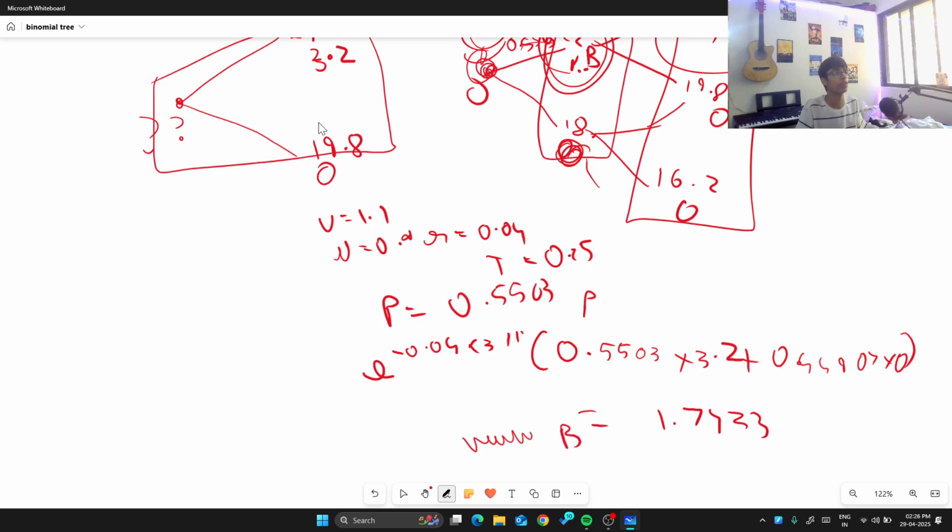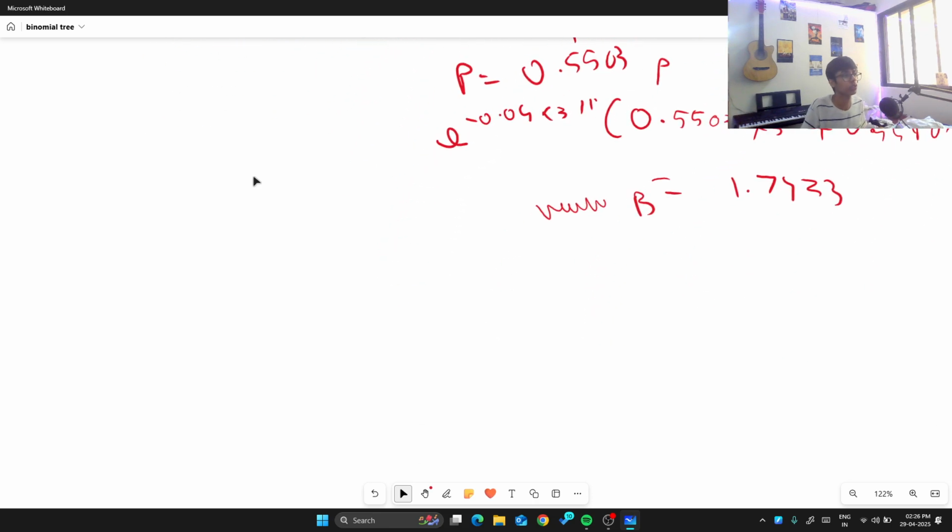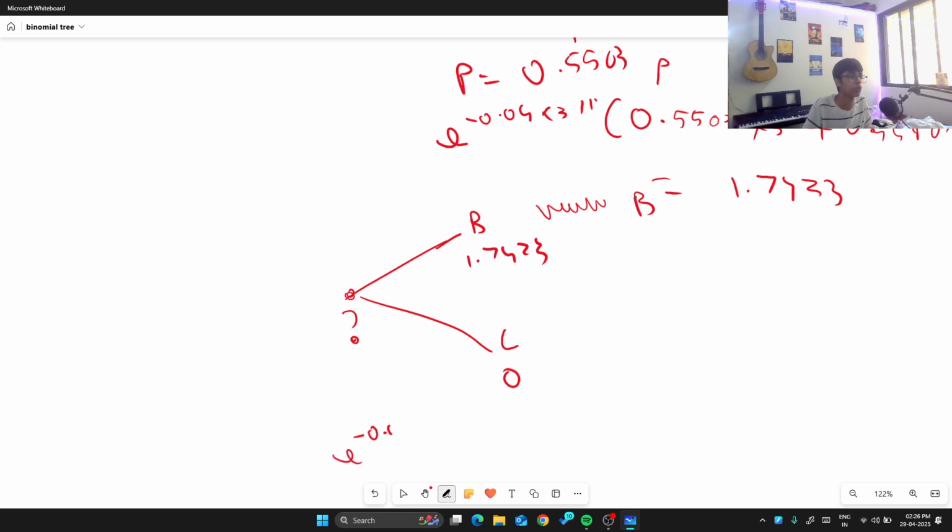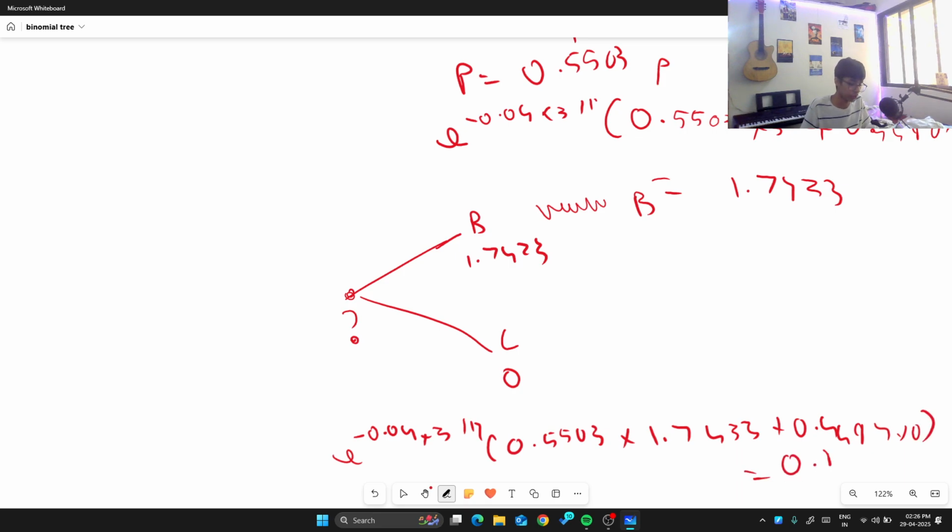Then we will find the value of node A. We don't know this, but we know the value of node B is 1.7433, and node C's value is 0. So we apply the same equation, e to the power minus 0.04 into 3 by 12, times 0.5503 into 1.7433 plus 0.4497 into 0, and that is 0.947.